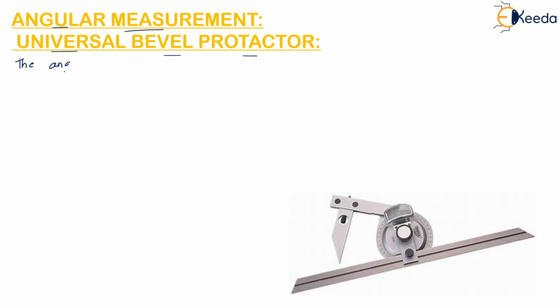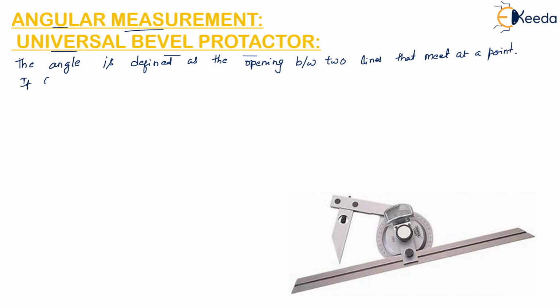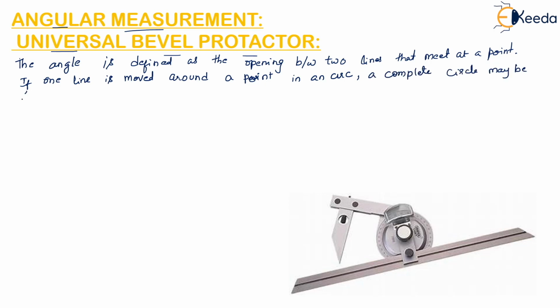So the angle is defined as the opening between two lines that meet at a point. If one line is moved around a point in an arch, a complete circle may be formed.